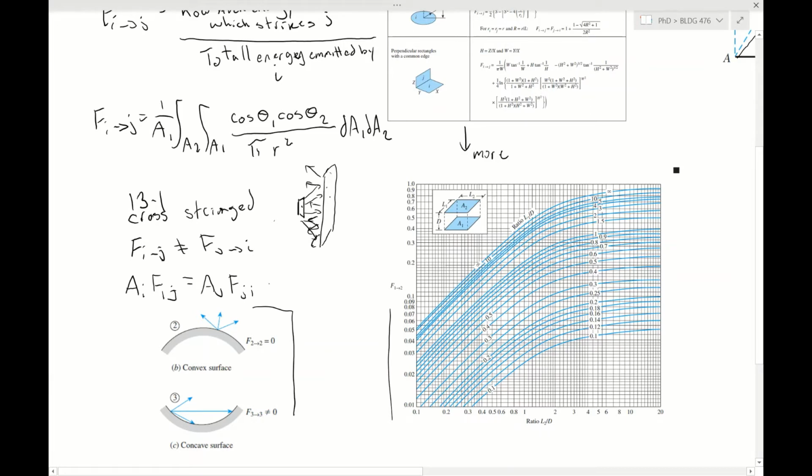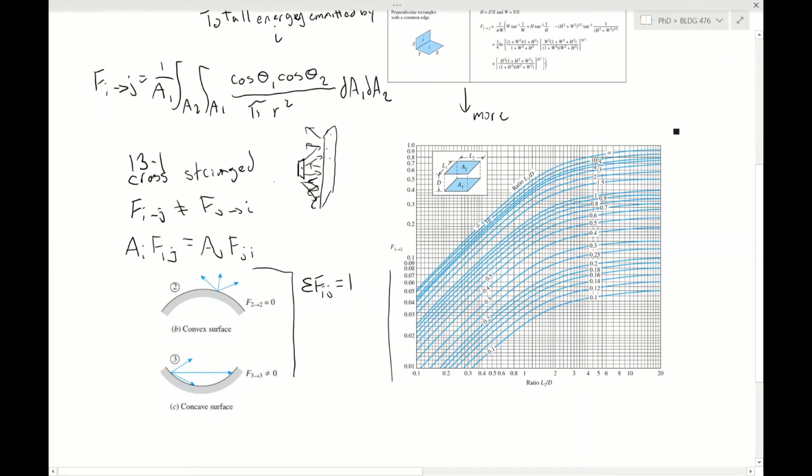is our summation rule, which is the sum of all the view factors from I to J, where you can think of a number of J's that you're trying to find, is equal to 1. And you'll remember that in a lot of the questions we covered with radiation beforehand, we always used to say that the surroundings were some temperature.